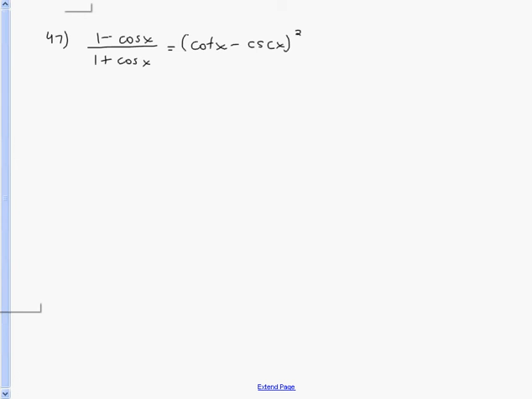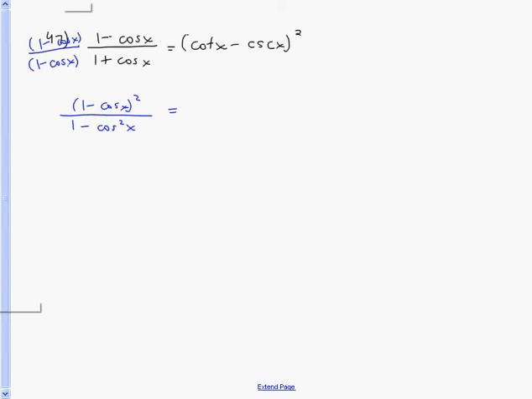I may work both sides here, to be honest. On this side, I would multiply by 1 minus cosine of x, top and bottom. So on top, I would have 1 minus cosine of x all squared. And on bottom, I would just get 1 minus cosine squared of x. Those are not the same, but that is something.